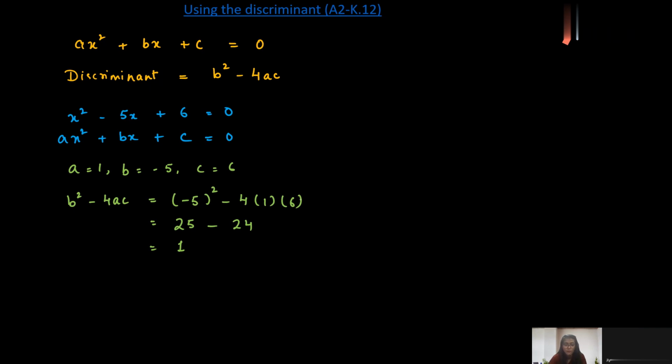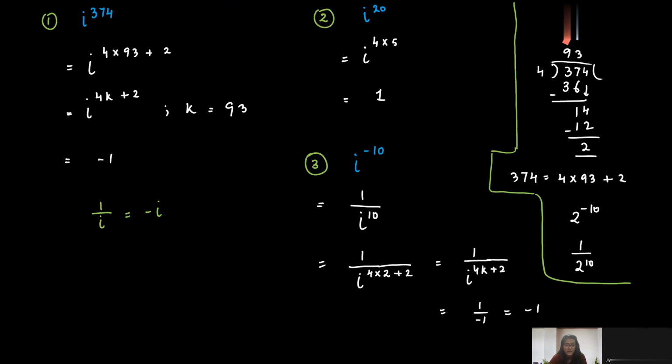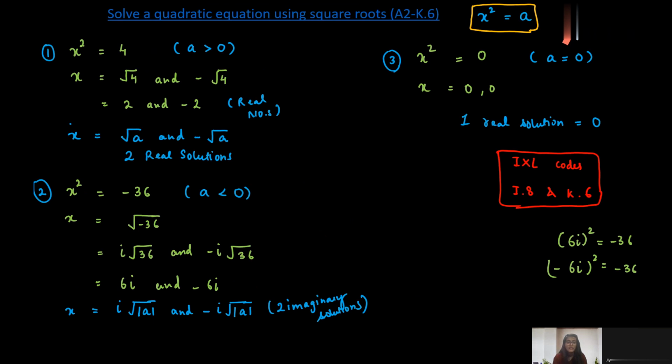So Gia, if you remember, in the last class we did, quadratic equation can have 3 types of solutions. First, it can have 2 real solutions. Second, it can have 2 imaginary solutions. Third was it can have 1 real solution. Remember this? Yeah. Okay.